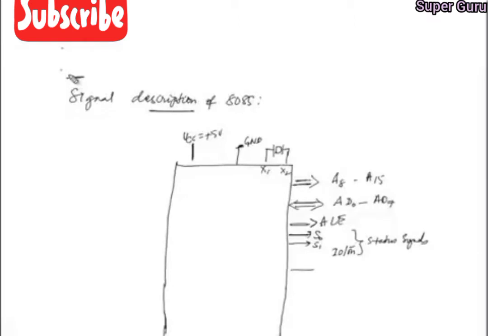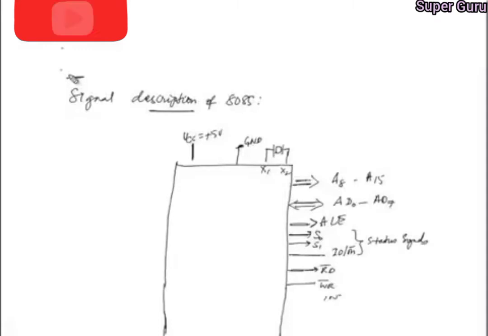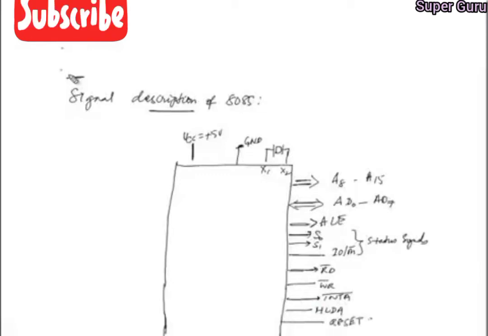Then RD bar, that is read, then write bar, then next signal INTA, then hold, HLDA, then reset out, then clock out.